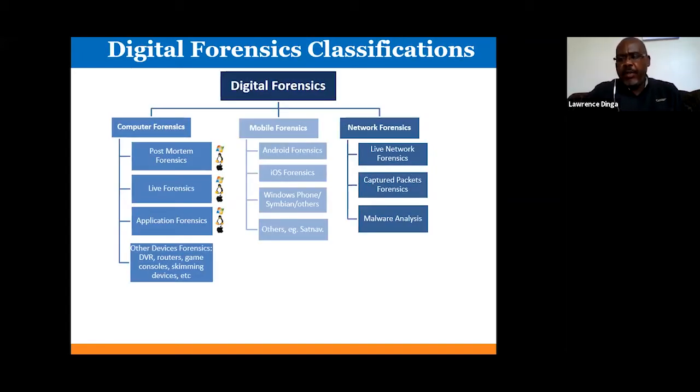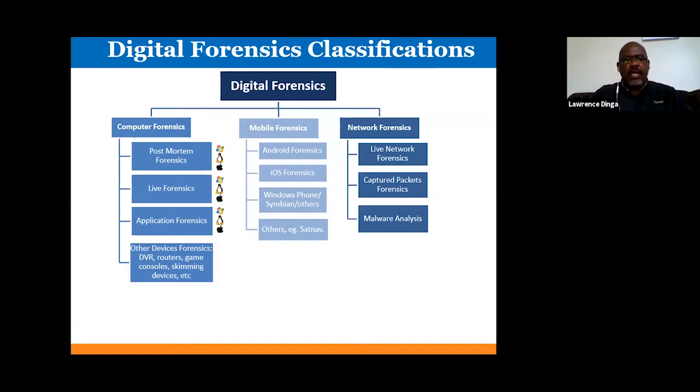Now, when we talk about digital forensics, we have branches or classifications of digital forensics. Before, it was just called computer forensics. But if we look at the diagram I put on the screen, you can see that in digital forensics we have the branch of computer forensics, the branch of mobile forensics, and then network forensics.